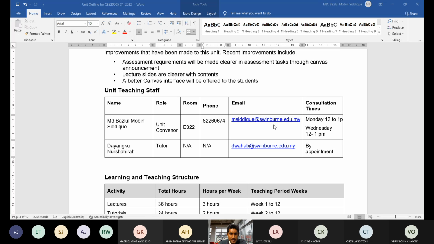The lab is from Tuesday 1 p.m. to 4 p.m., three hours. Nur Shahira will be there, and I will be there too. At 1 p.m. I'll go there and talk to you, then maybe I'll come out after half an hour and go again after half an hour, so I'll be on and off.